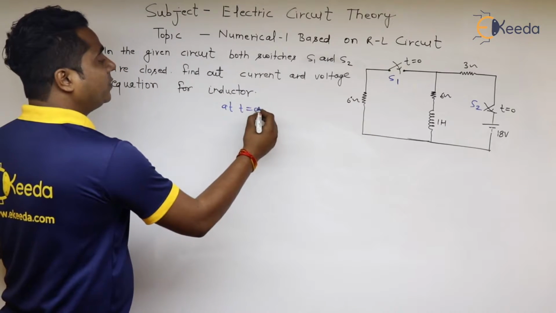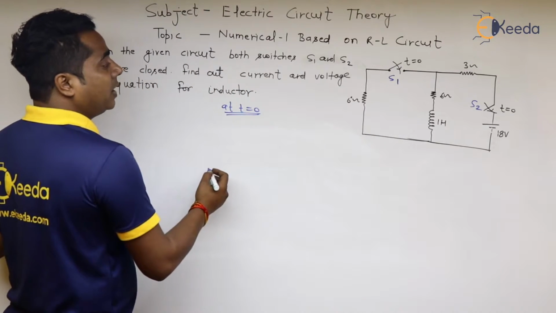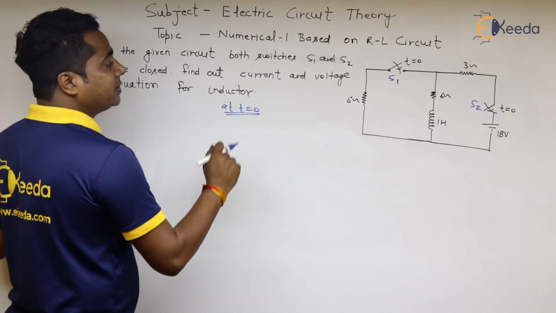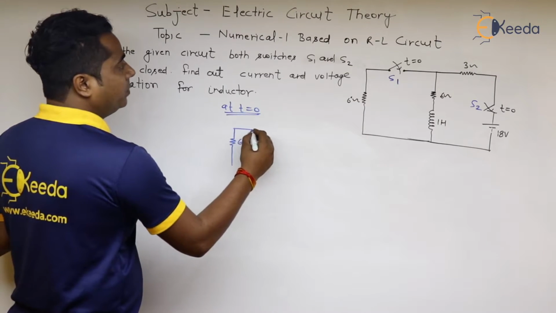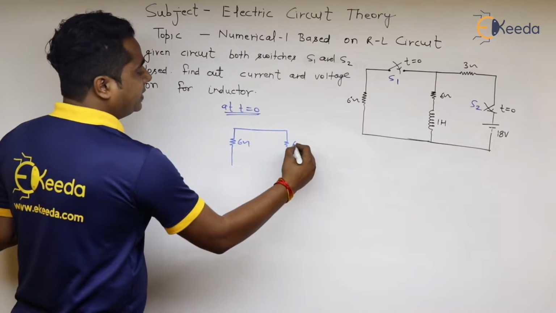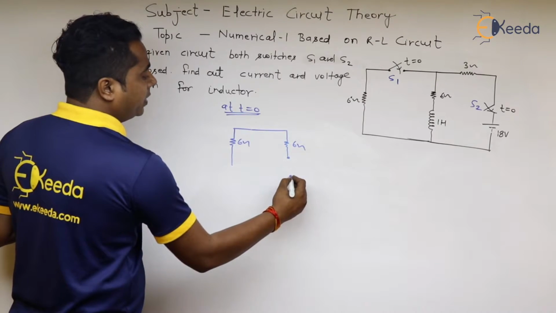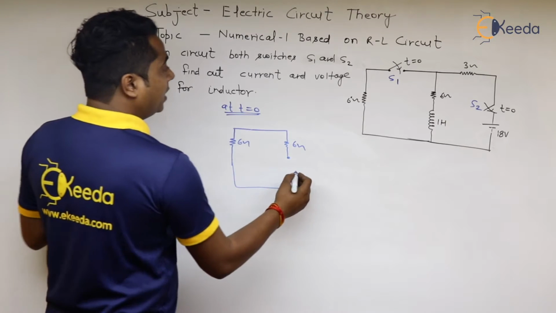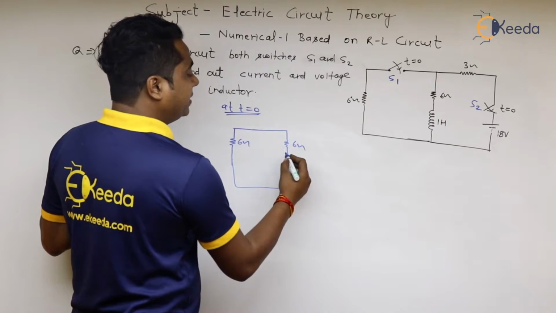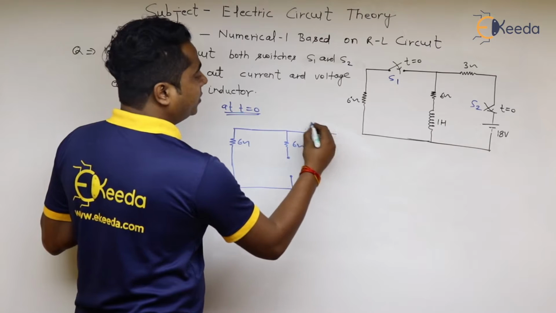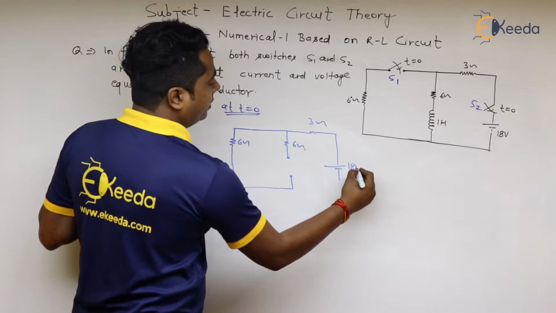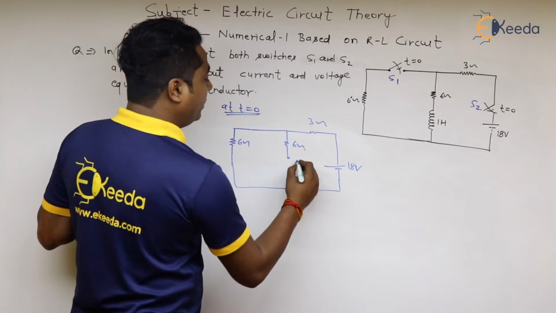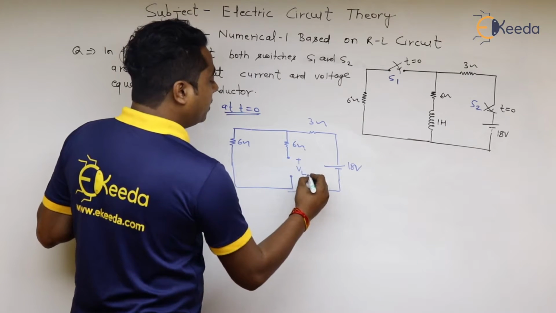Now at t equal to 0, both the switches will be closed, and we can write here 6 ohm. Initially it will be uncharged, and the current is 0, and this is your 3 ohm and this 18 volt. Now we can calculate the value of VL0.